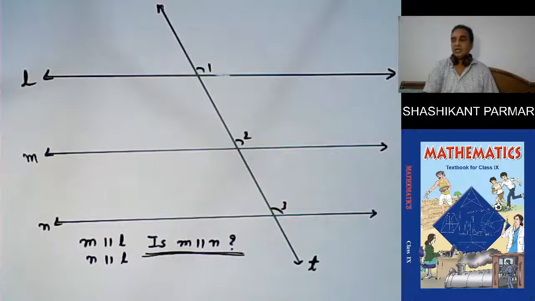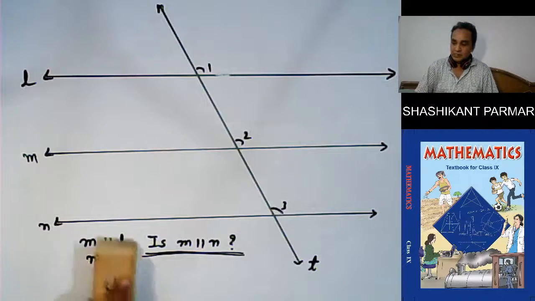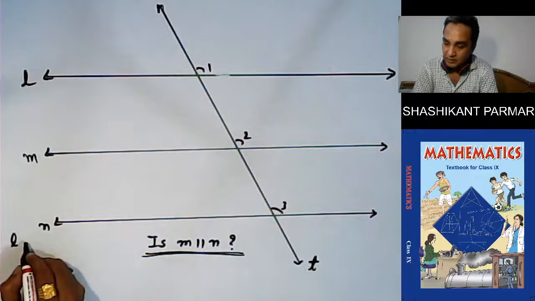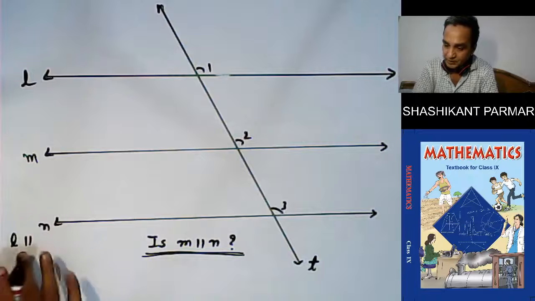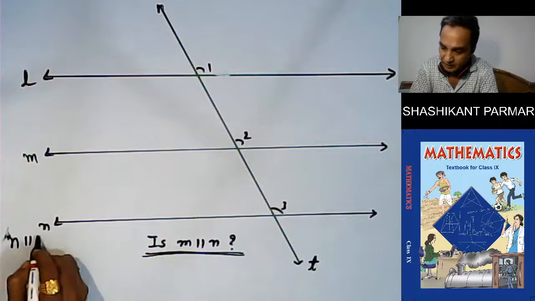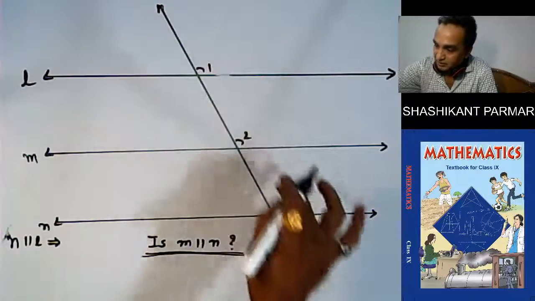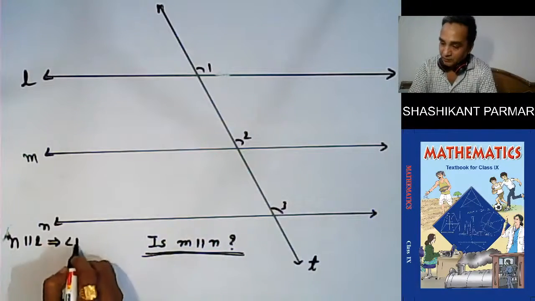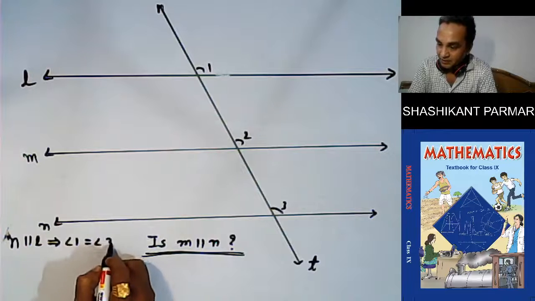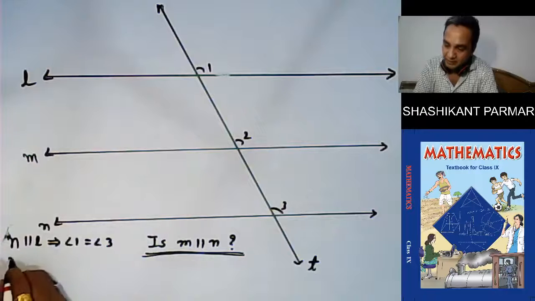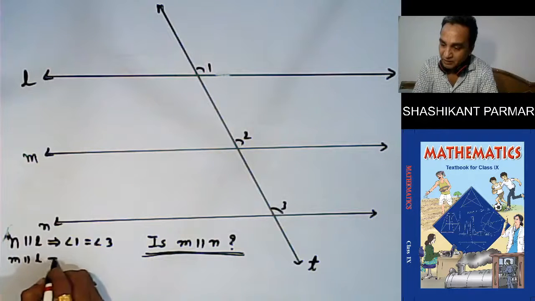Let me explain it again here. L and M are parallel. Therefore, this angle and this angle, angle 1 and angle 3, are equal. M and L are parallel.